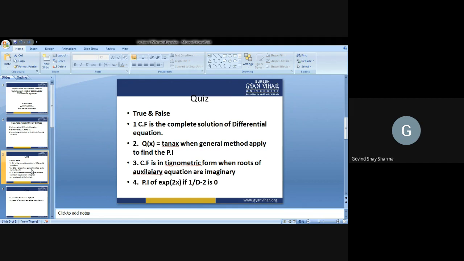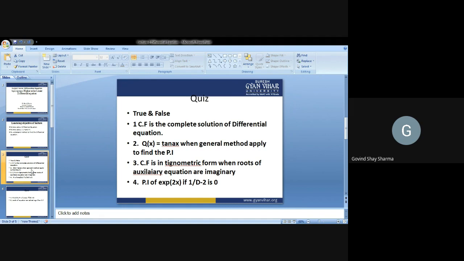Here, PI of e to the power 2x, if 1 upon D minus 2 is 0, he is asking about e to the power alpha x. Here, we already know the case of e to the power alpha x. We replace D with alpha. So 1 upon 2 minus 2, 1 upon 2 minus 2 is infinite. In case we replace D with alpha, f alpha must not be 0.